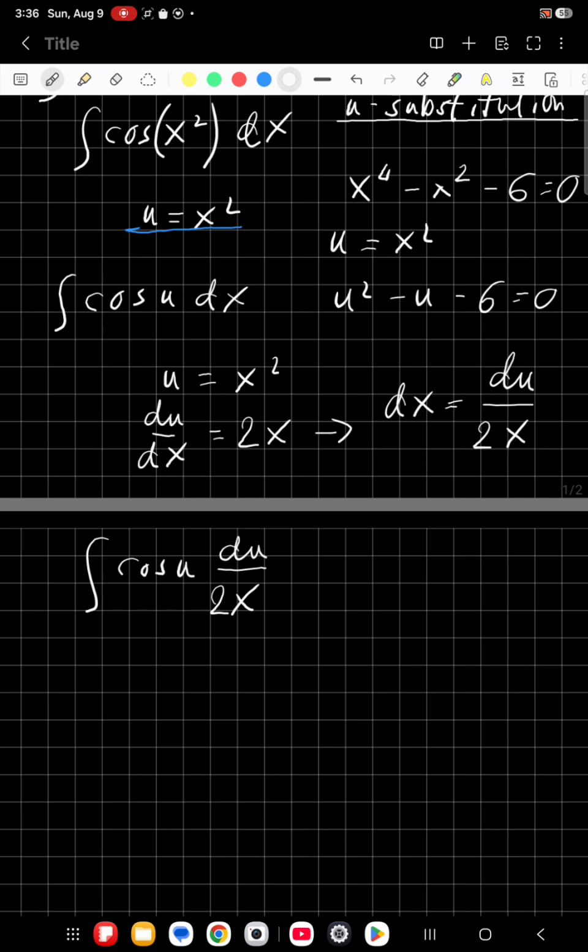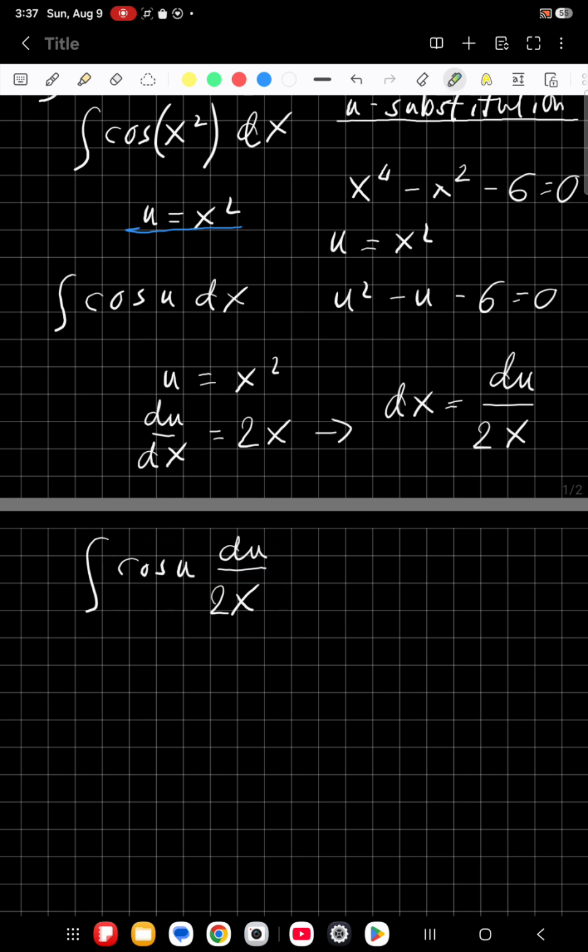Okay, so remember at the beginning of this problem, when I posed that problem, I said that it's impossible to do, or it's very difficult. So now I hope you see why. I have cosine of u, I have du, but I still have x in the equation as my variable.